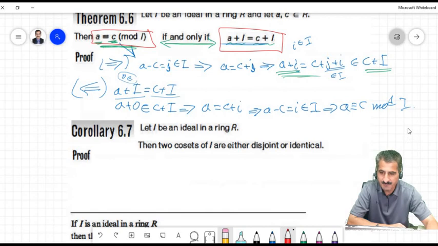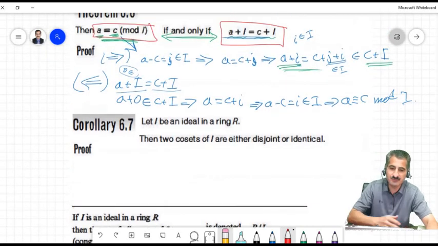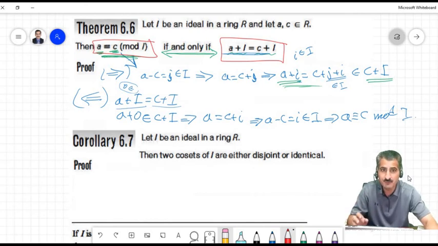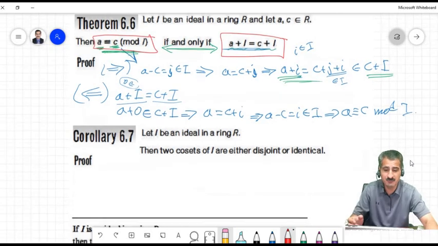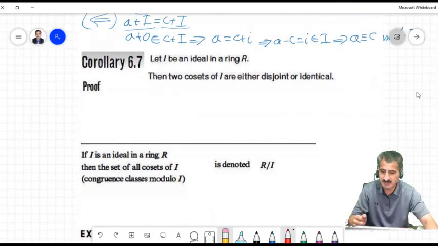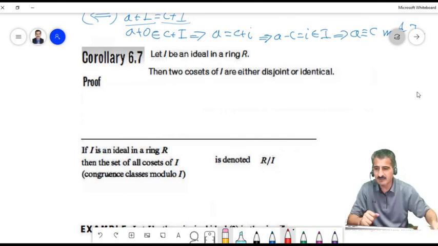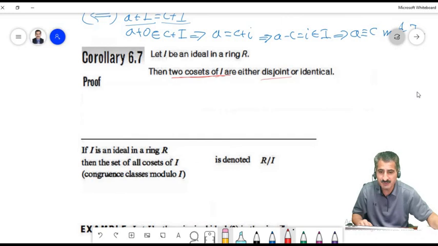Okay, and now this theorem, I have just a sketch proof for theorem 6.2 and theorem 6.7. We have proved a similar thing already when we worked with normal subgroups, right? So I am repeating the proof here. Again, it says two cosets of I are either disjoint or they are identical.